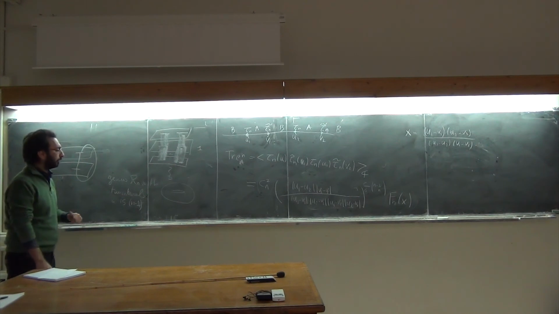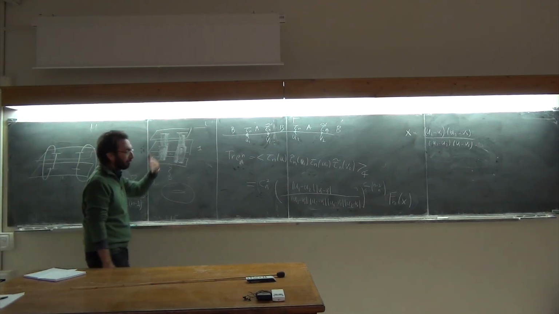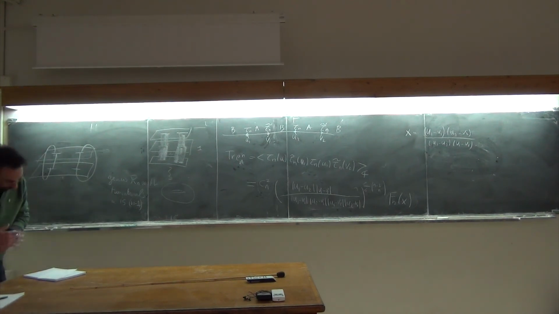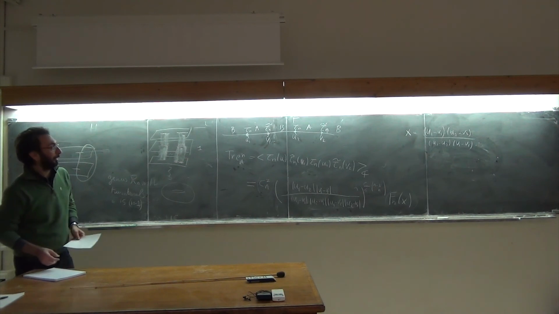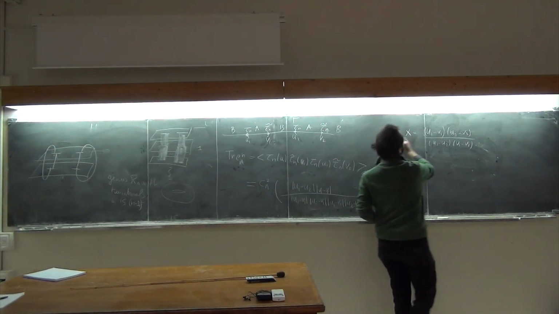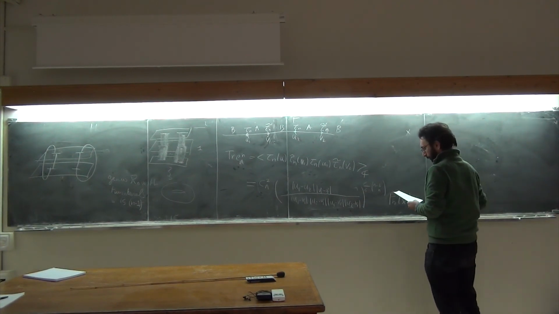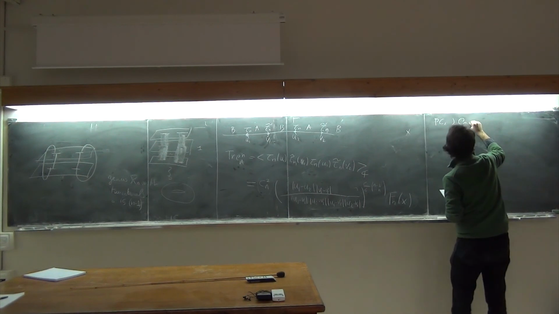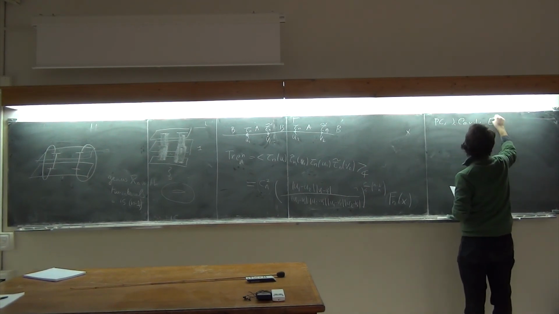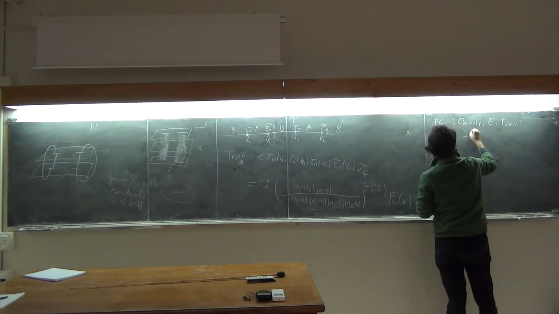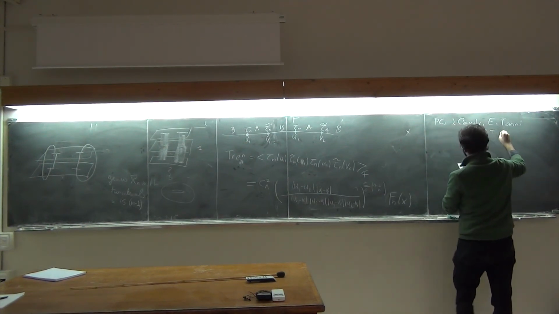It's not mappable to the complex plane, and actually each n is mappable to a surface with a different genus, different topology. The calculation is much, much more complicated, and people who are interested in how to do it can check these two papers by myself, John Cardy, and Erik Tonni, J. Stat.